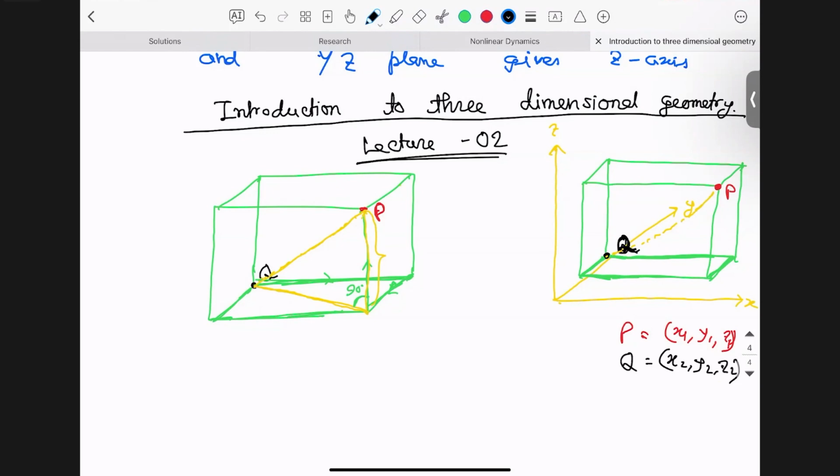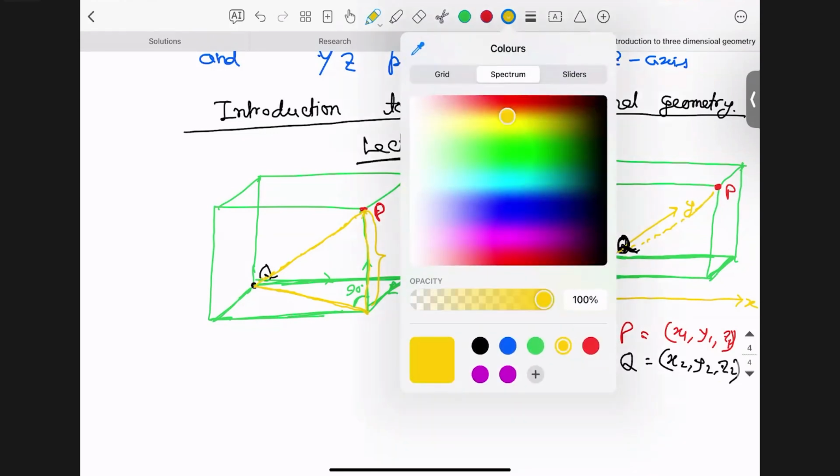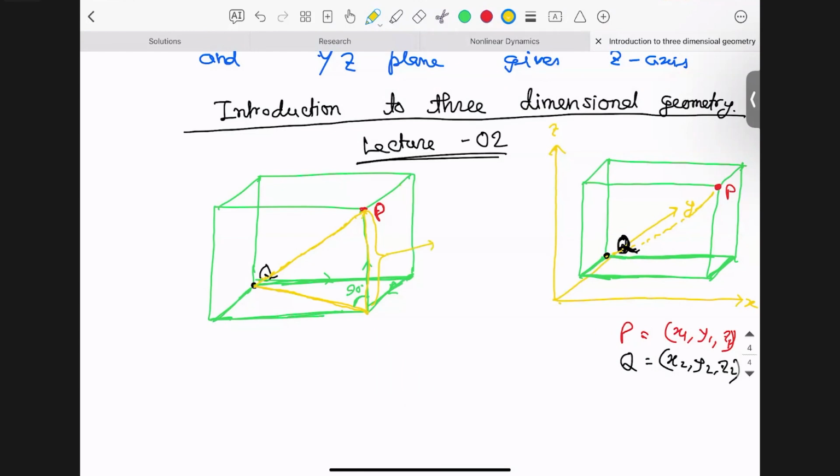Then this yellow line, representing this length, is z1 minus z2. Why z1 minus z2?